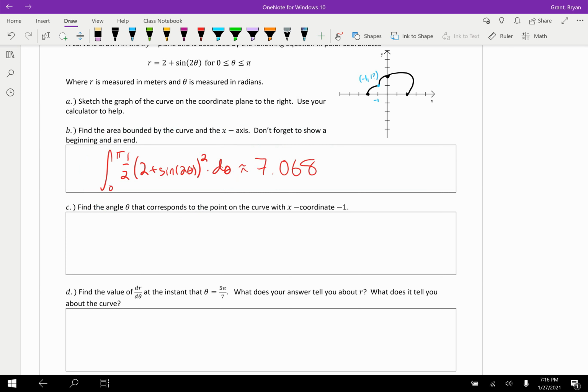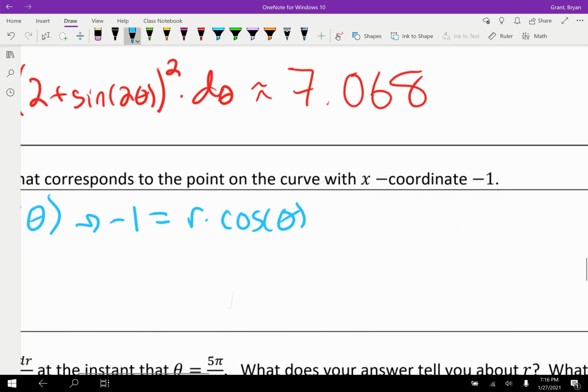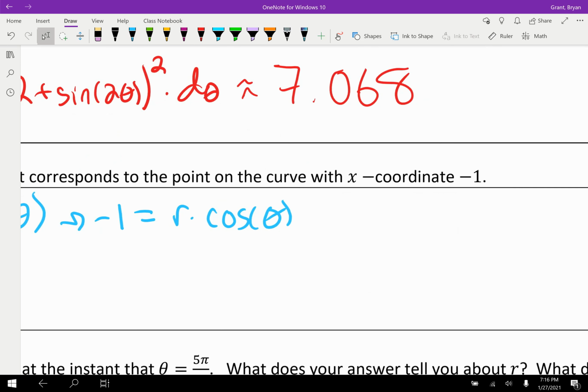X-coordinates. What do I know about x-coordinates? I think I know that x is always equal to r times the cosine of theta, isn't it? And we know they want the x-coordinate to be -1. But then I'm at a bit of an impasse because I have an equation with two variables, r and theta.